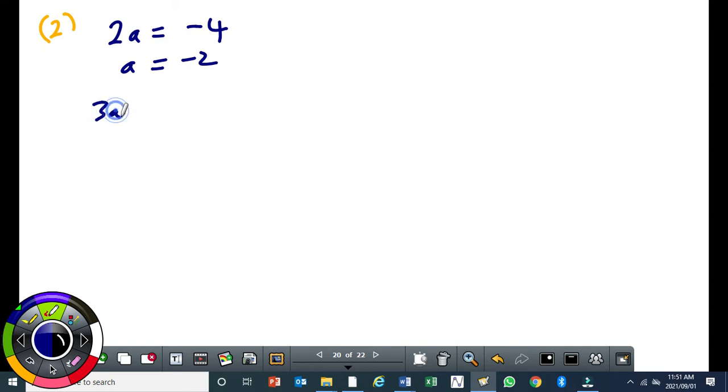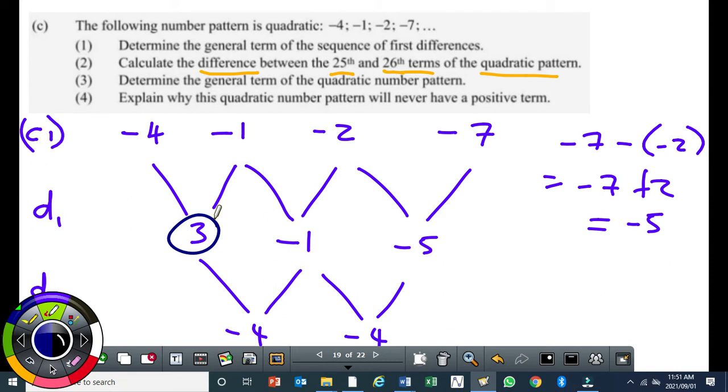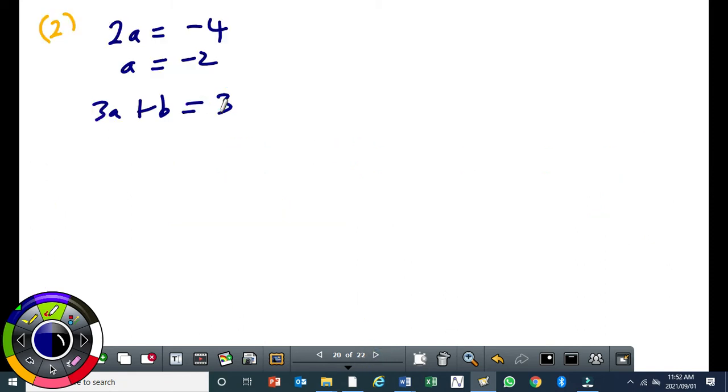Then 3A plus B is going to be equal to this, that's 3. Okay? So we end up getting B being equal to 3 minus 3 times minus 4, and this will give you plus 12. So we'll get B equal to what? To 15.